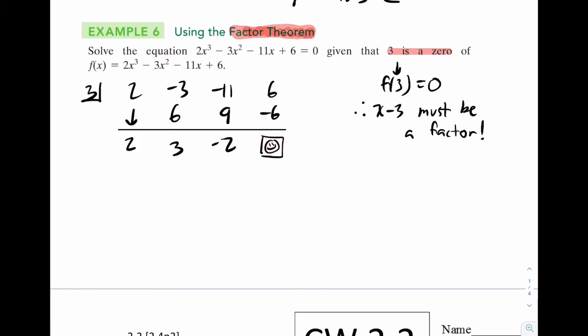Now from here, we're going to put all these numbers in context. What we just found is that this thing is 2x squared plus 3x minus 2. And if this is multiplied by x minus 3, this is this expression. So this thing is now equal to 0, because that's what we're ultimately trying to do.